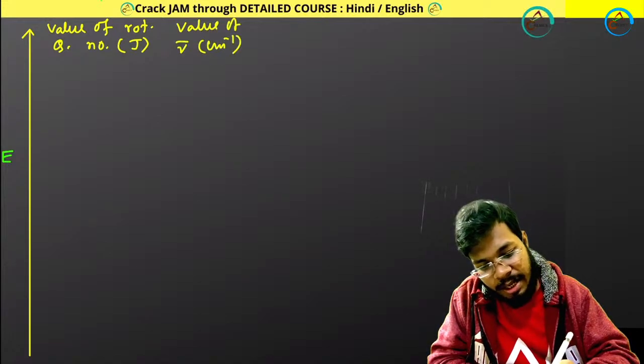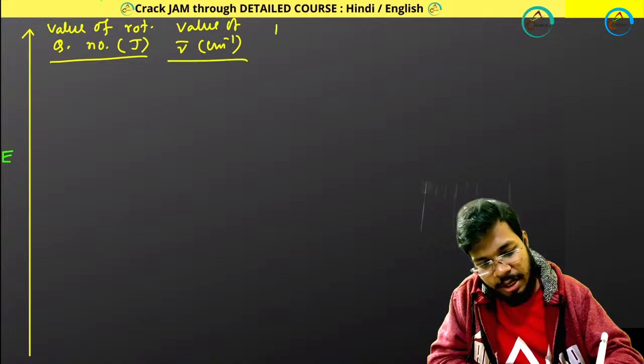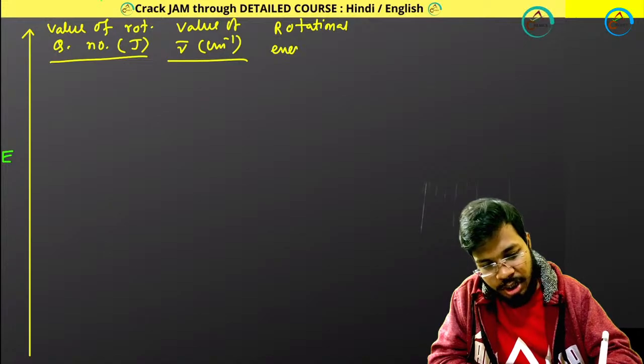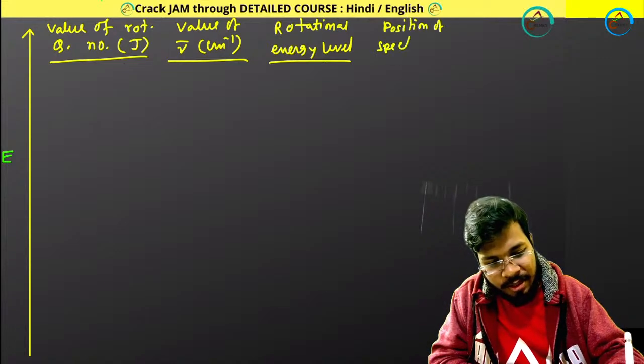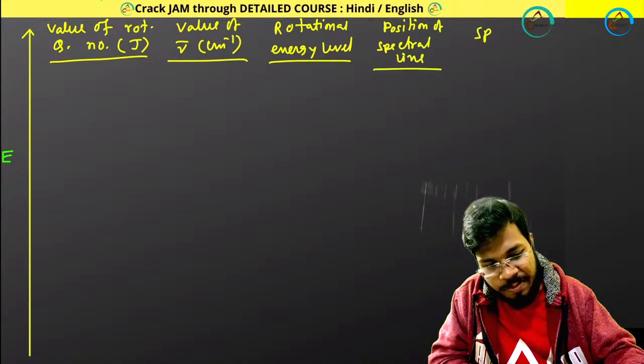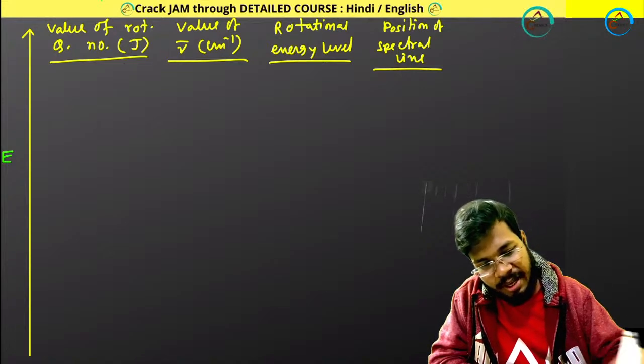Then here I am putting the rotational energy level. Here I am putting the position of the spectral line, and here the spacing, the gap between spectral lines.